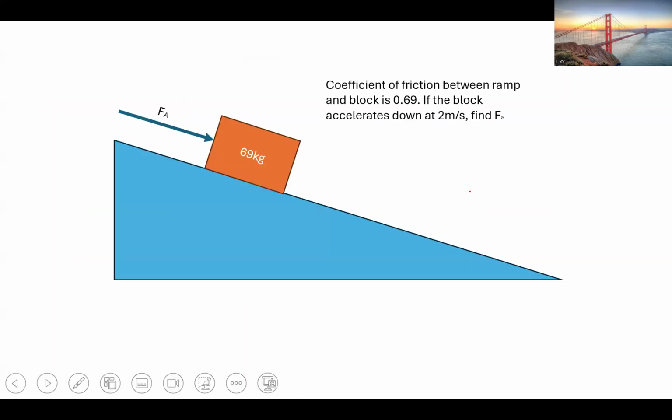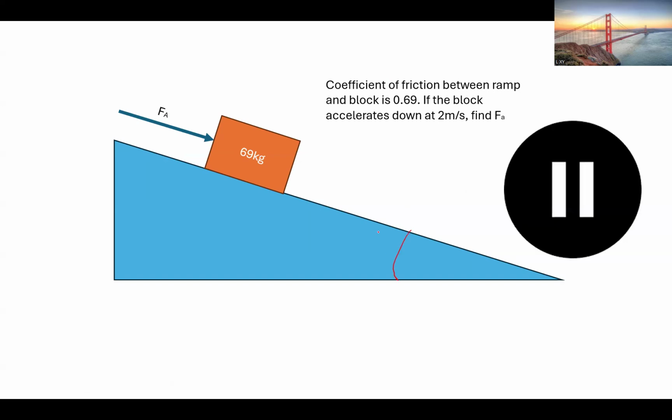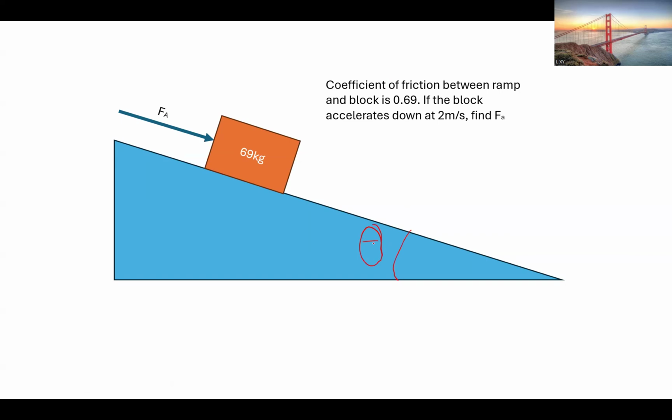So let's try our first question. But before we even attempt it, I have to tell you something: this angle is theta. It's my bad. And this angle is theta. Basically I want to find the applied force acting on the object.